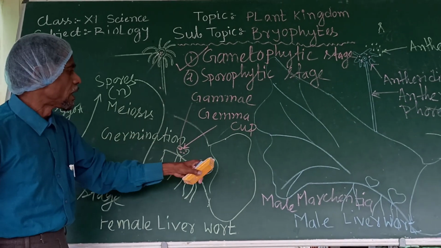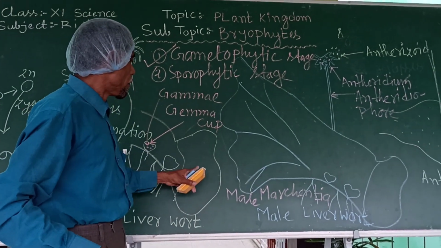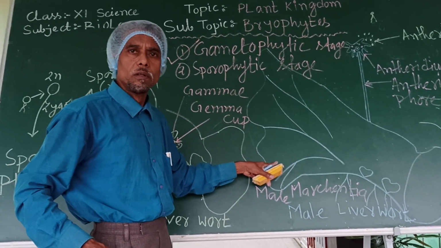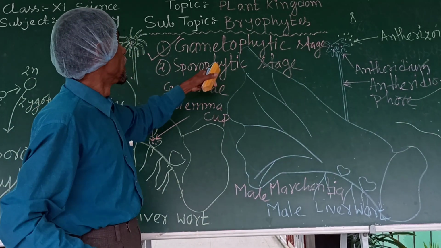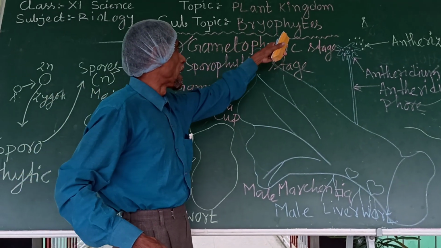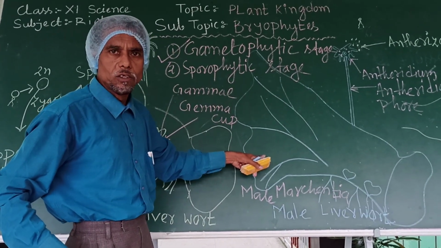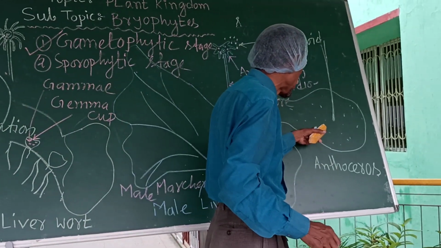So I have given you the example of the male and female thalli of one of the division members of the Bryophyta, that is liverwort, and this is the example of hornwort.